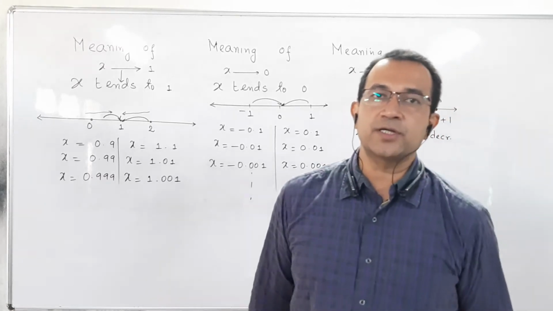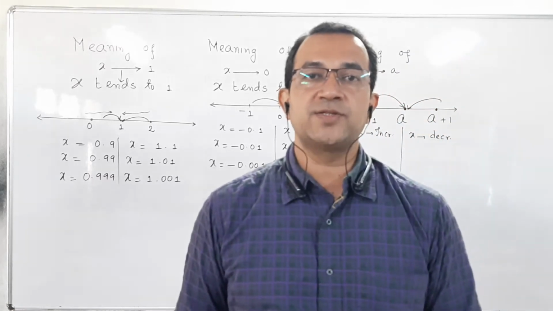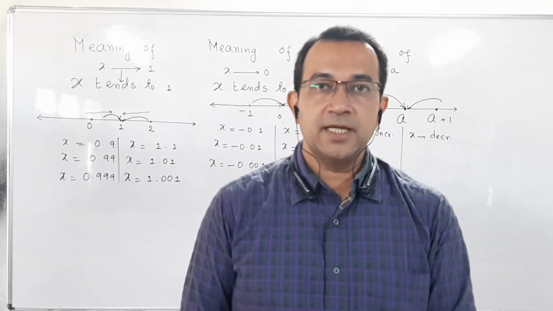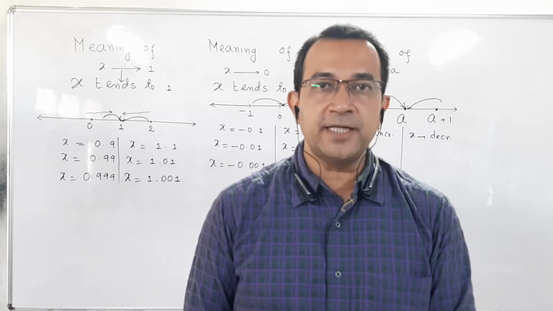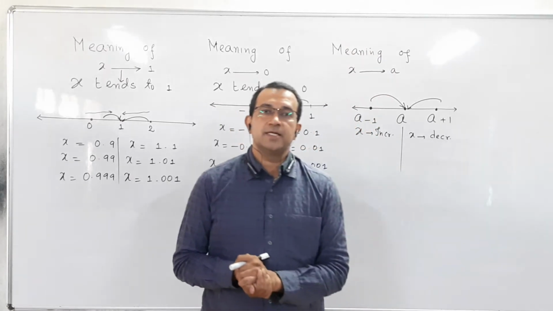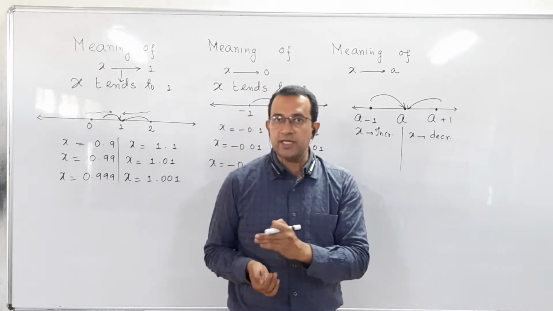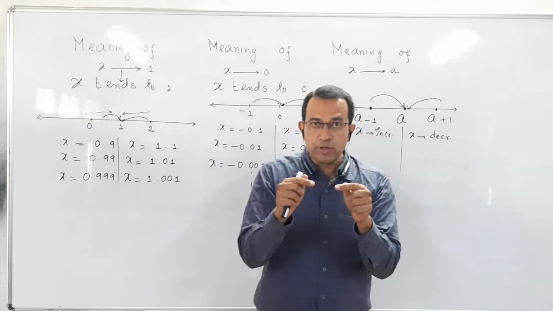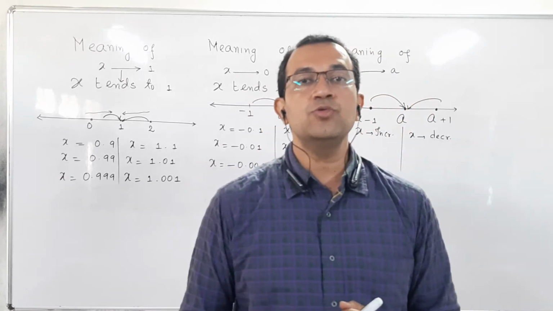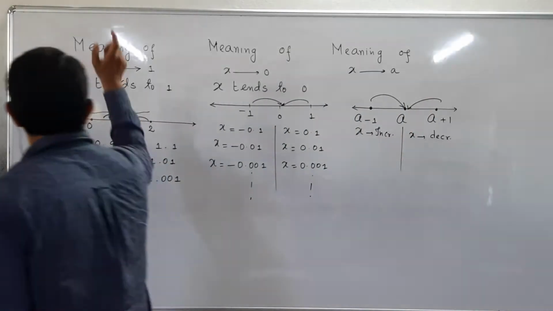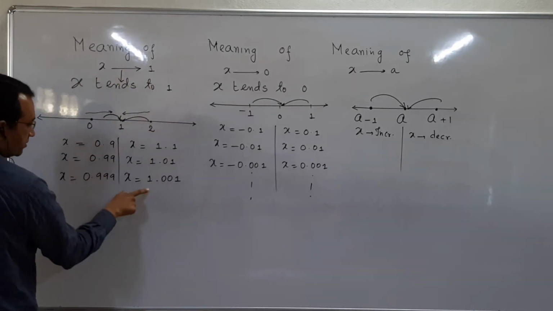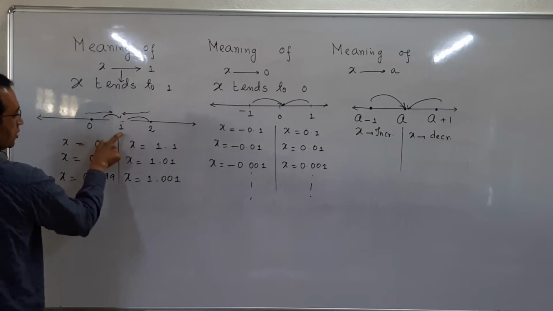And it is very important and clear to note that when I speak students x tends to a, then x is never mathematically, students, equal to a. When I say that x tends to a, students, x is very close to a, but still x is never equal to a. When I say students x tends to 1, x is very close to 1, technically x is never equal to 1.